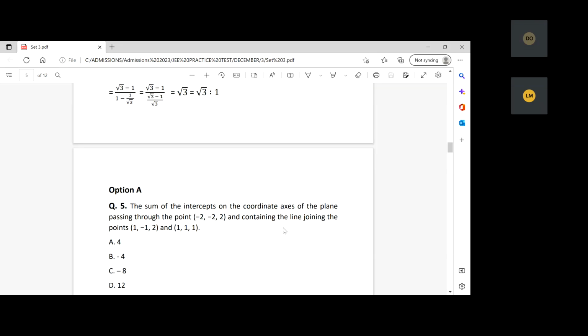So just think where you can start. What all things are given in the question? There is a point, there is a line, the 2 points are given, there is a plane. I need to find the sum of intercepts on the coordinate axis of the plane. The plane has to pass through the point and it also has the line for which all the coordinates are given.